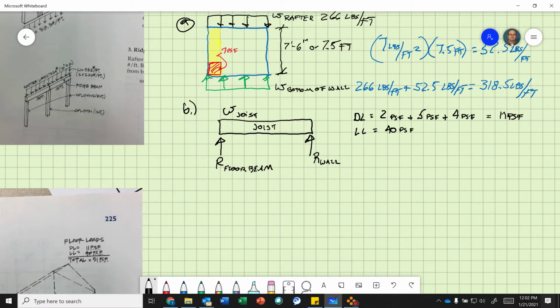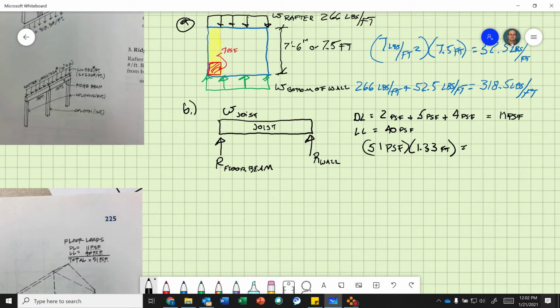So now we can take 51 PSF times our tributary width. The joists are 1.33 feet on center, so 51 times 1.33. Let's double check this number. 51 times 1.33, and that's 67.8.